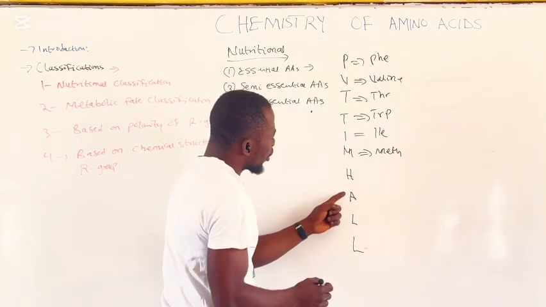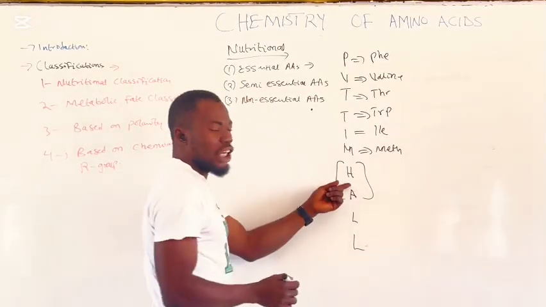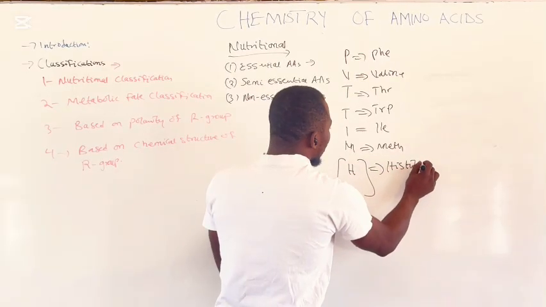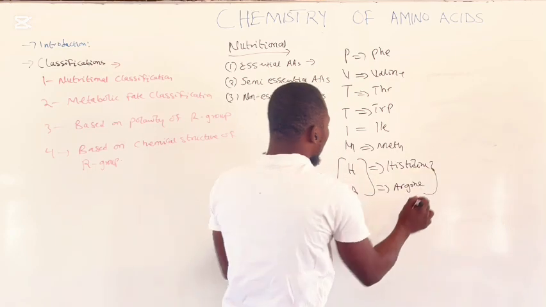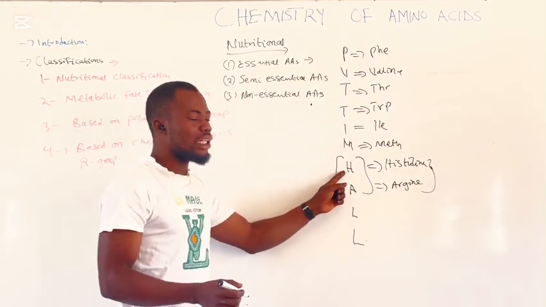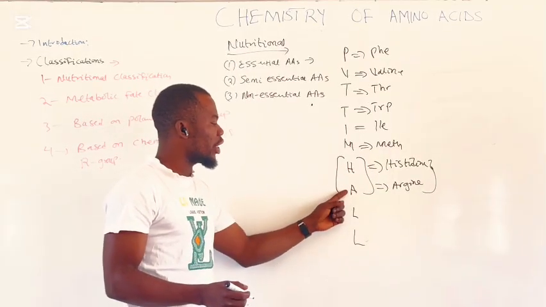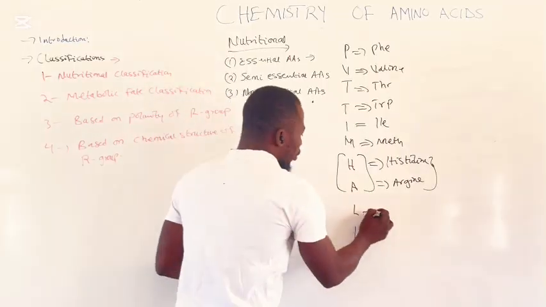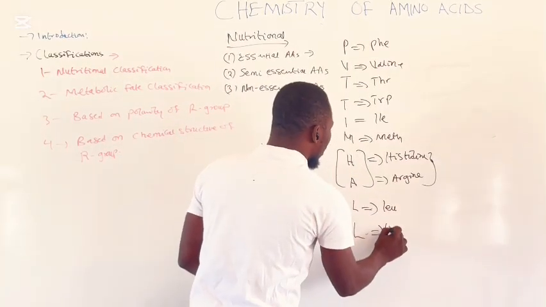Now, this H and A are semi-essential, that is histidine and arginine. They can be partly synthesized by the body and partly gotten from the diet. Then L is leucine and the remaining L is lysine.